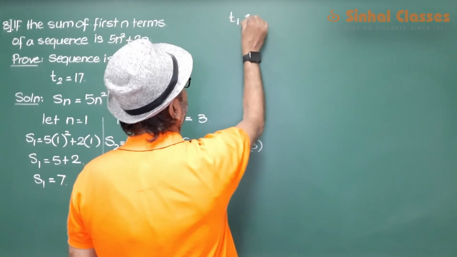अब Sn का बच्चों हम फॉर्मूला यूज करते हैं. Sn is equal to n upon 2 into 2a plus n minus 1 into d, and there Sn would be n, n is how much? 250.